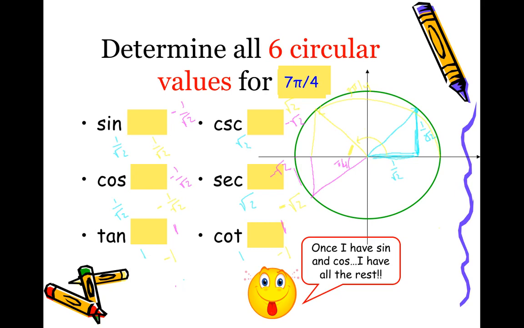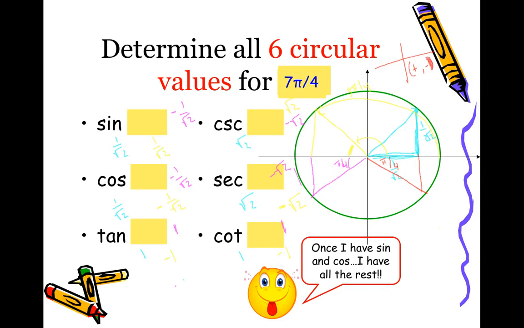And then 7 pi over 4. I need one more color. Red. 7 pi over 4, well, 8 pi over 4 would be a full circle, so that's going to be right here. Same reference angle, a reference arc of 1 pi over 4. So here you're dealing with positive, negative.